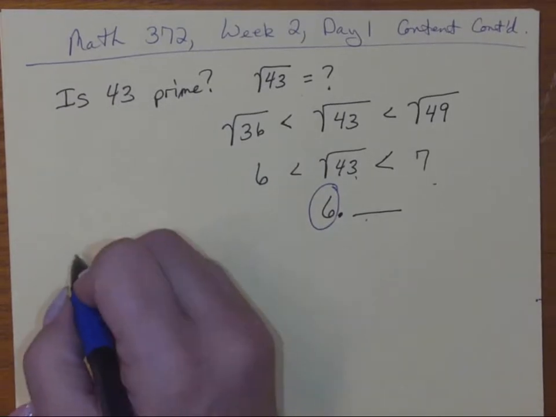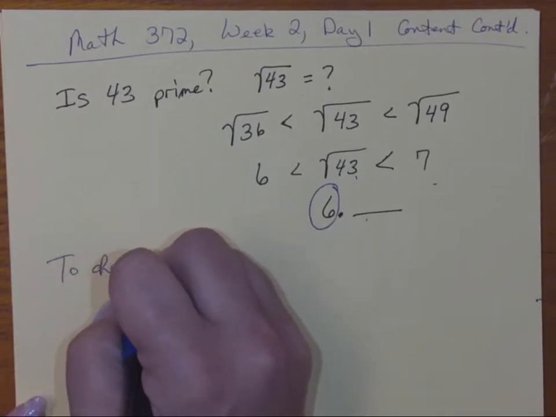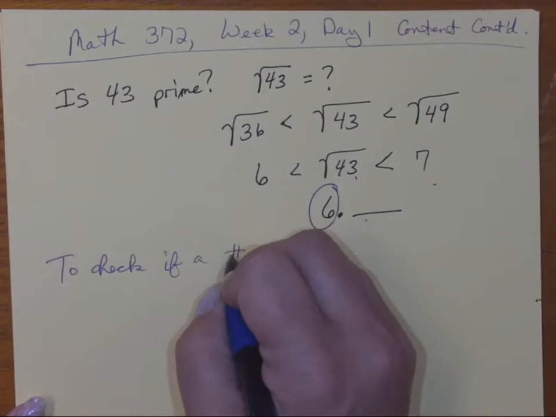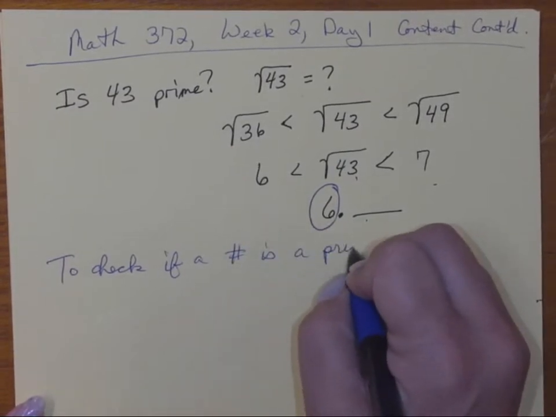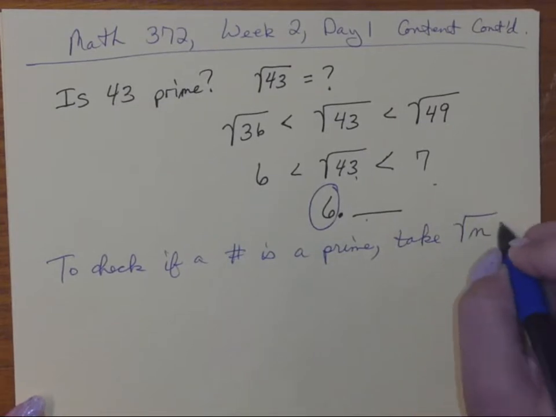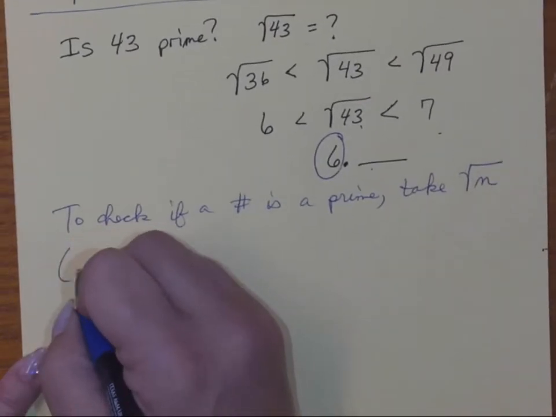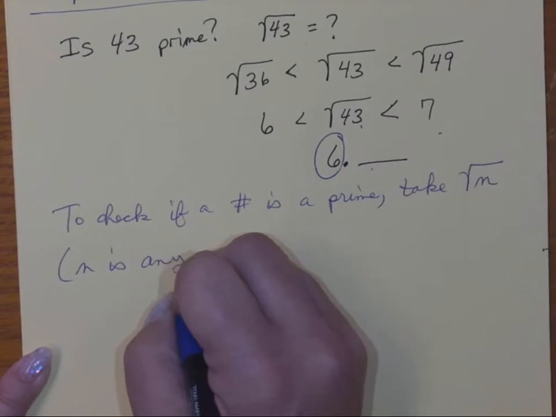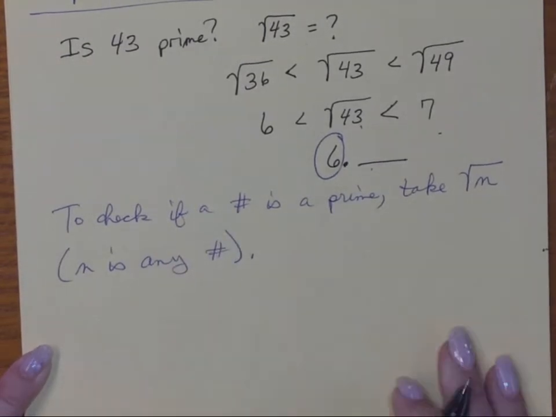So here's what we do to check if a number is a prime. Take the square root of that number, and I'm going to use n as any number. Okay, I'm just going to use n as my variable.